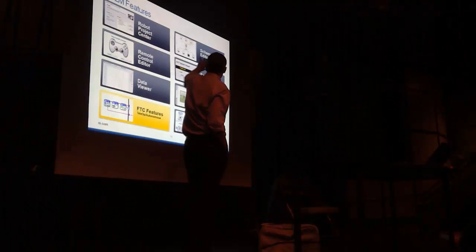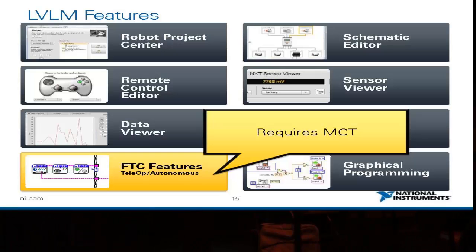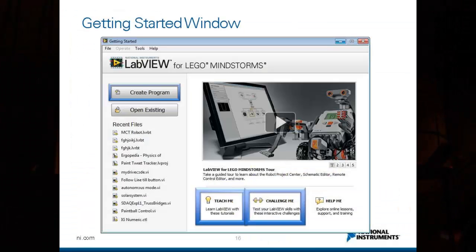You have your schematic editor, your remote control editor, a sensor viewer, data viewer, and remote viewer. And then you have some specialized FTC features, especially for the teleautonomous mode. The graphical programming that I taught you before is pretty much the only thing you need to know on the graphical program, how to use LabView.